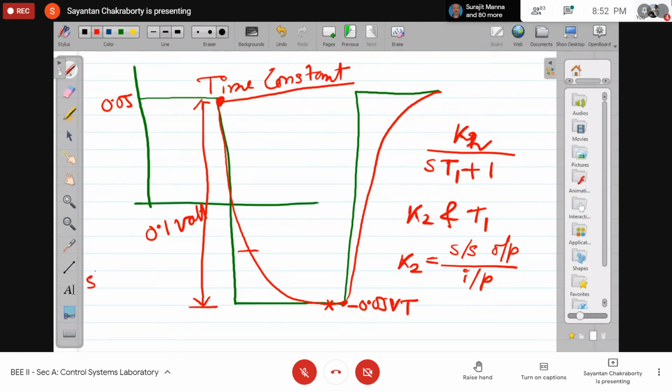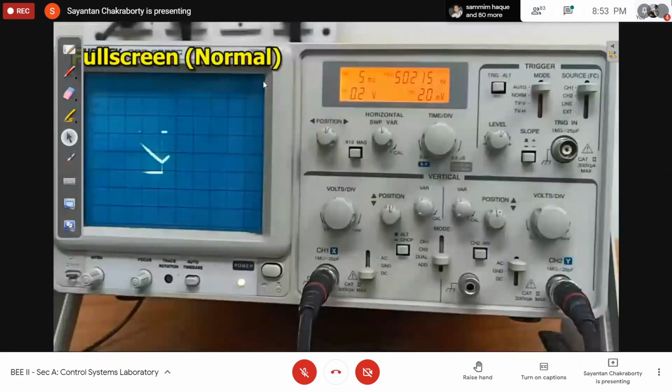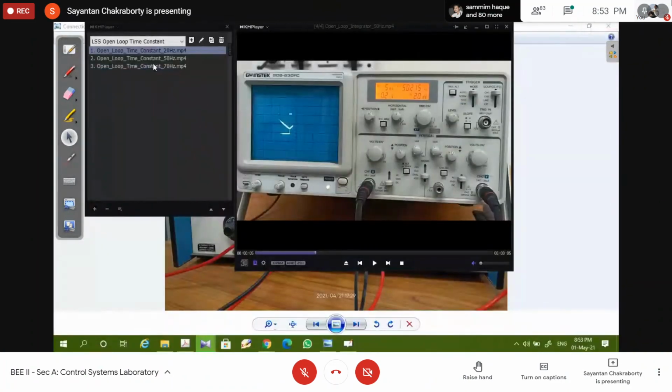So corresponding to that, you need to calculate the time from this point up to this point, like this. Okay. So in this way, you can calculate the time constant. It's very bad drawing anyway. Okay. Let us see the data. So open loop time constant for different frequencies.